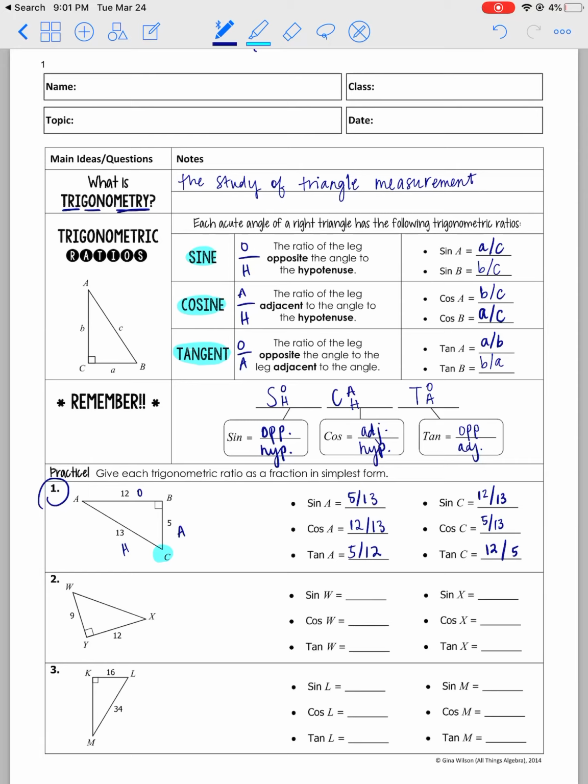Tangent of an angle equals the length of its opposite side to its adjacent side. Sine of an angle equals its opposite side to its hypotenuse. Cosine is its adjacent to its hypotenuse. That's really it. So I just wanted to make sure conceptually we understand what sine, cosine, and tangent actually mean.